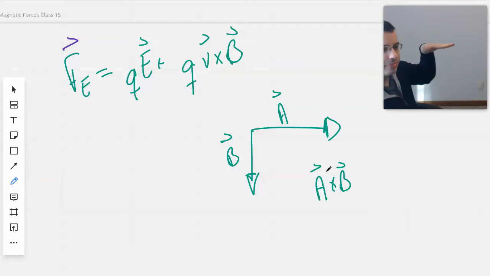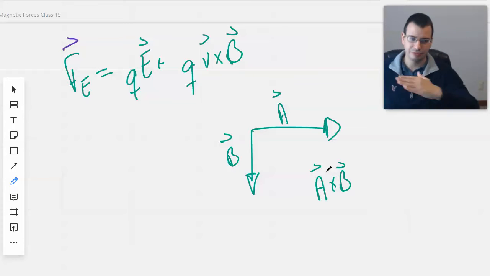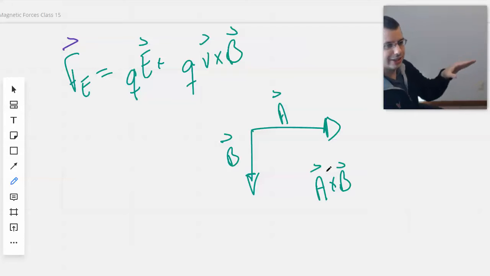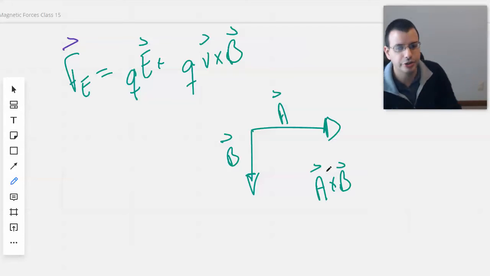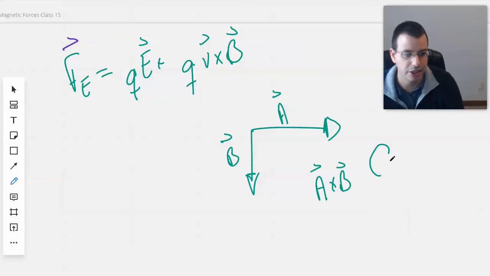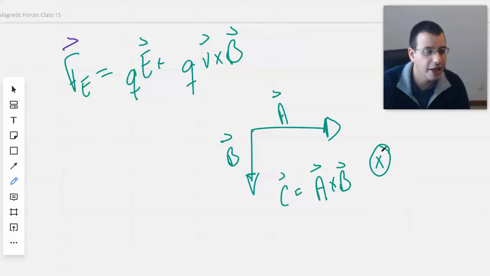I point my fingers in the direction of A, so it's A cross B, and then I bend my fingers in the direction of B. I'm trying to do this awkwardly because you really don't want that Roman salute. So if A is that way and B is that way, then it's into the board. So C equals A cross B would be into the board.